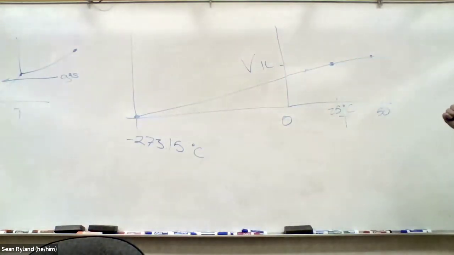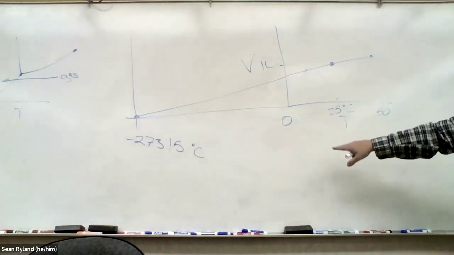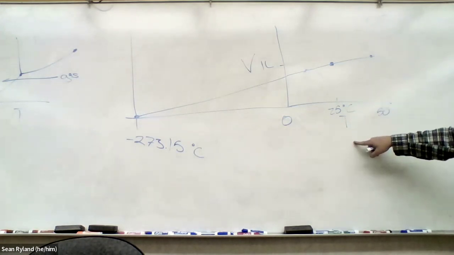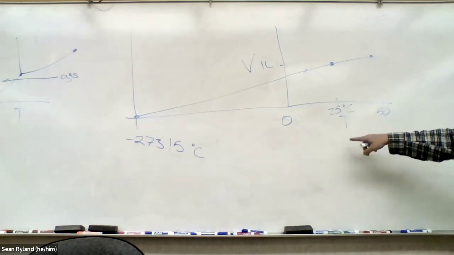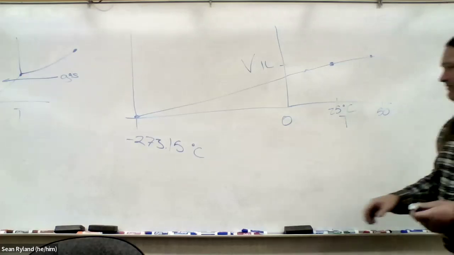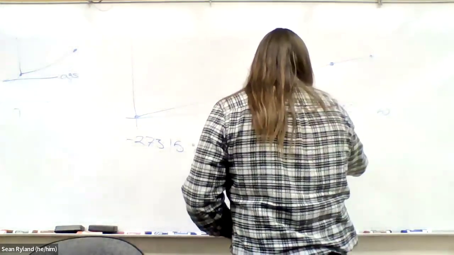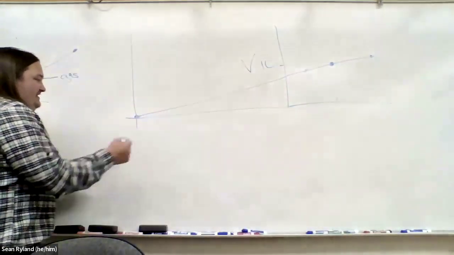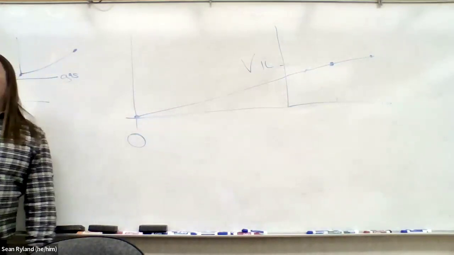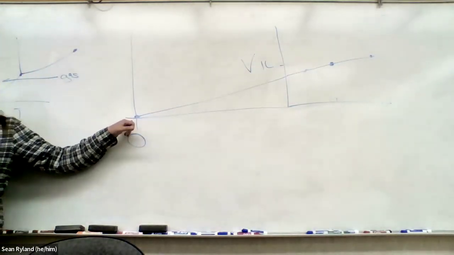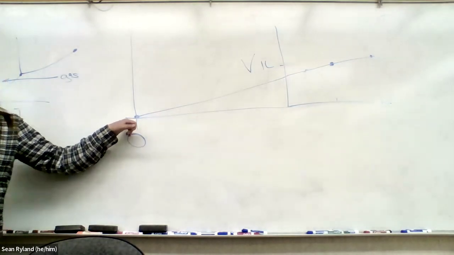So the temperature scale we're going to use when it comes to gases, we want to do everything in Kelvin, not Celsius. Kelvin just takes Celsius and redefines it as 0 being the coldest you can go. 0 is the point when volume would go to 0, the point of no return.